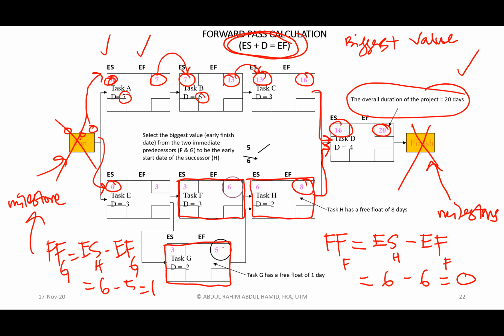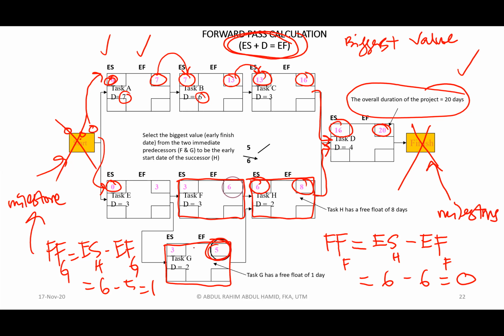Why? You just notice this numbering, 5 and 6. Activity G completed on the 5th day, whereas activity H, the subsequent activity, can only start on day 6. Meaning to say, activity G can be delayed. It does not need to start on day number 3.